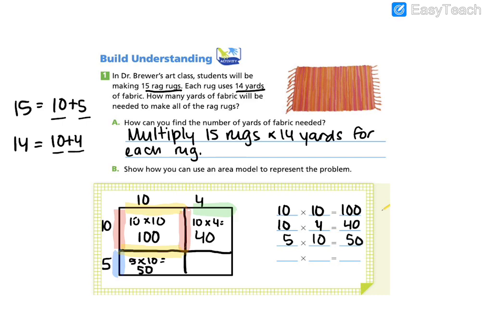Right, and lastly, this little section is still equal to 5. And this section is still equal to 4. So our equation here is 5 times 4, which is equal to 20.